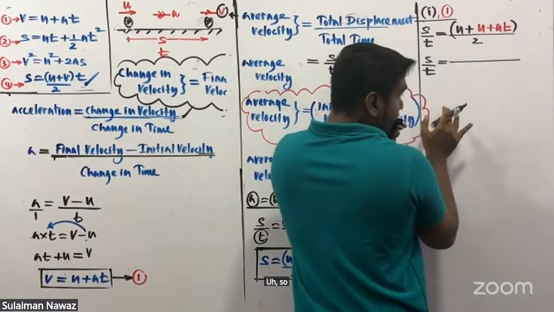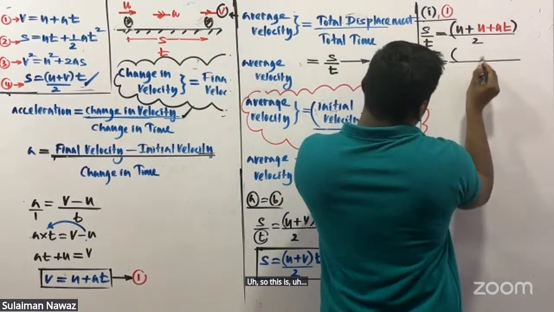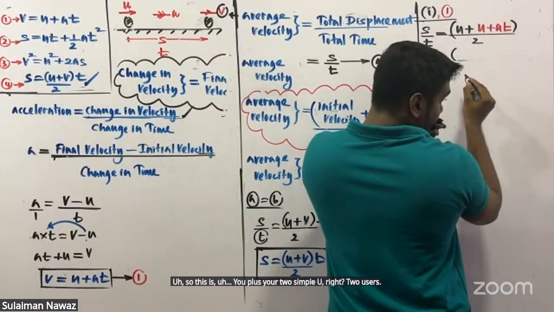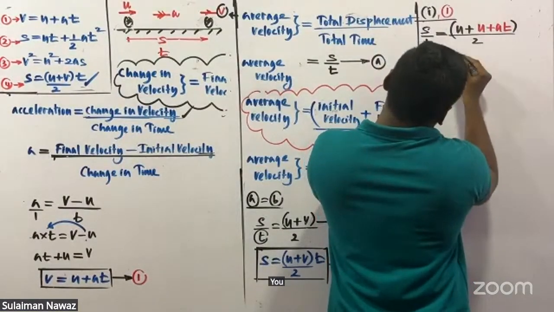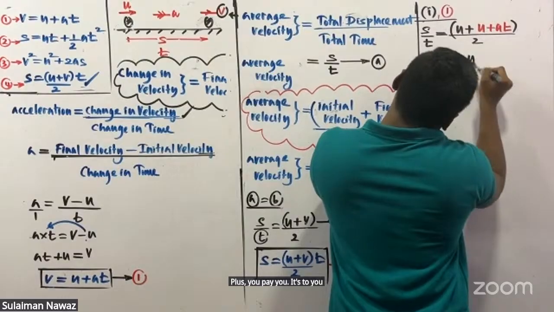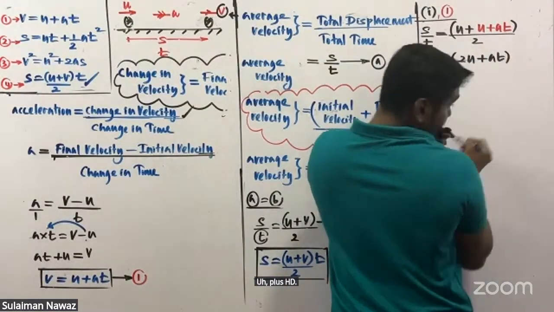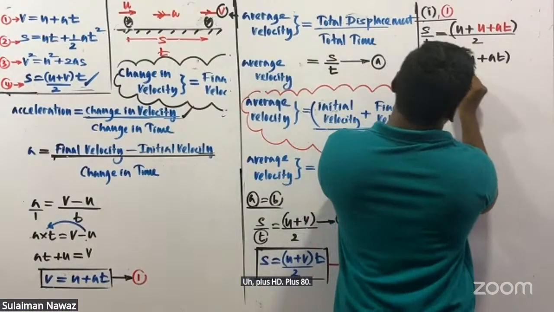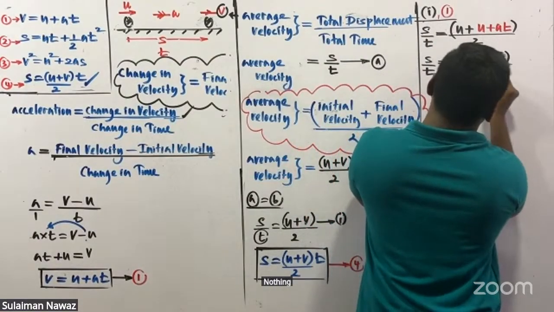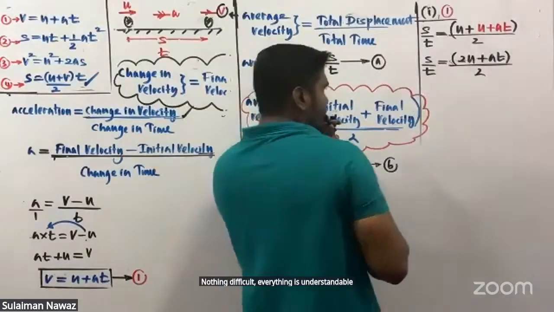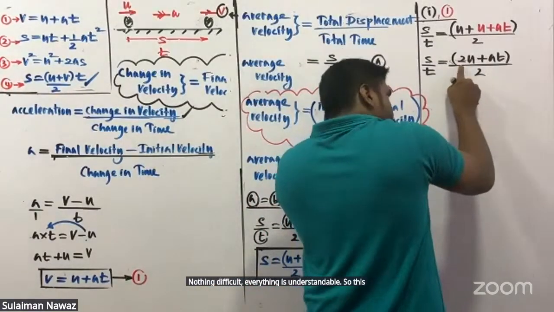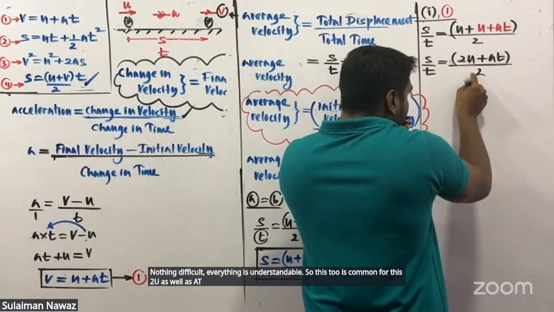So this is U plus U, 2U, plus AT, over 2. Nothing difficult. Everything is understandable. So this 2 is common for both 2U as well as AT. Therefore, I'm separately giving this 2.